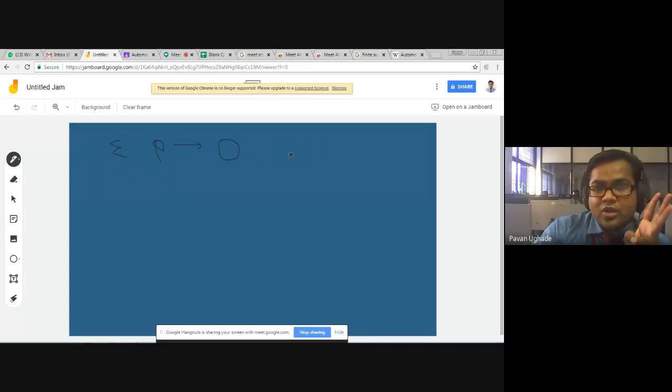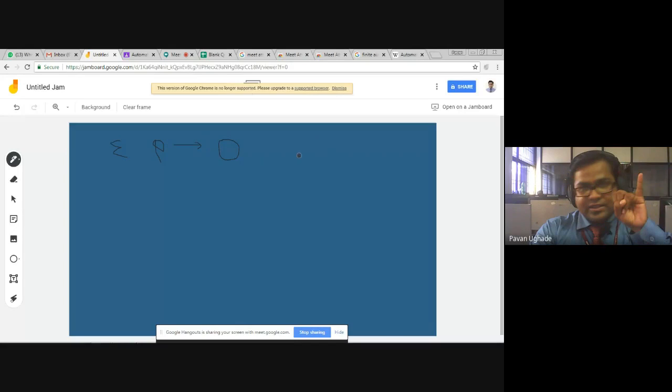One is your initial state, or basically the non-final state. Non-final states are simply represented with the circle. I will write here, non-final state. Please excuse me about my drawing skill. Manage with this. It is very difficult to access this whiteboard.